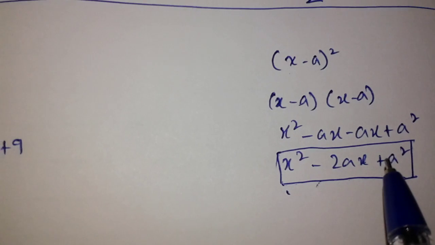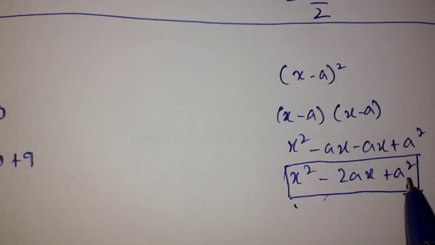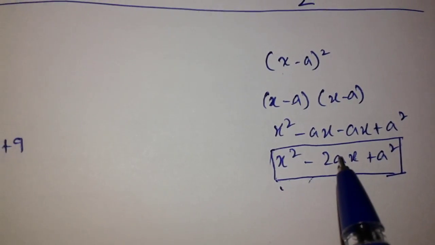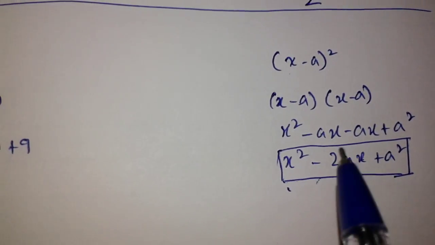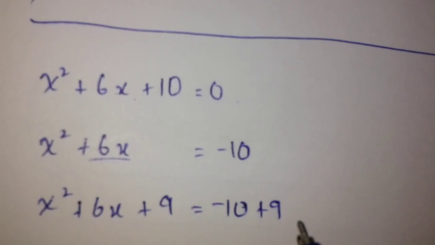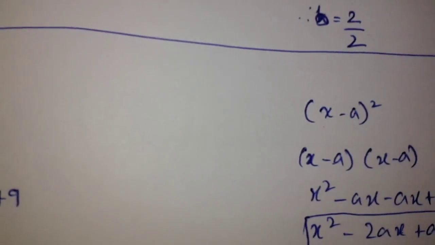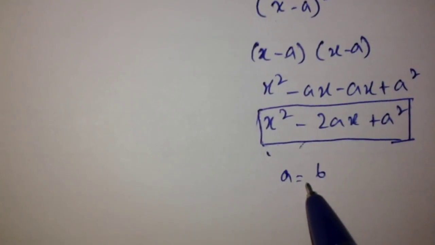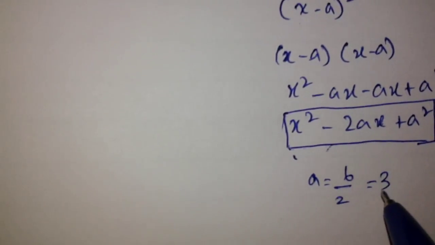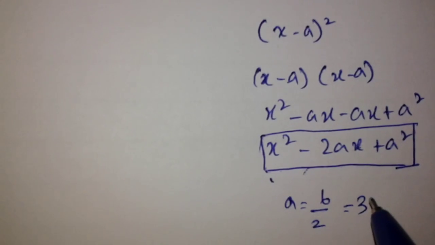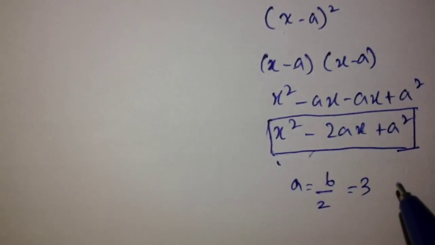And if you want to complete the square, we need to find a squared. To find a squared, we need to find a, and when it's doubled, we get 6. So it's pretty obvious that a is equal to half of 6, which is in this case 3. And to find a squared, we square 3, so we get 9, plus 9.